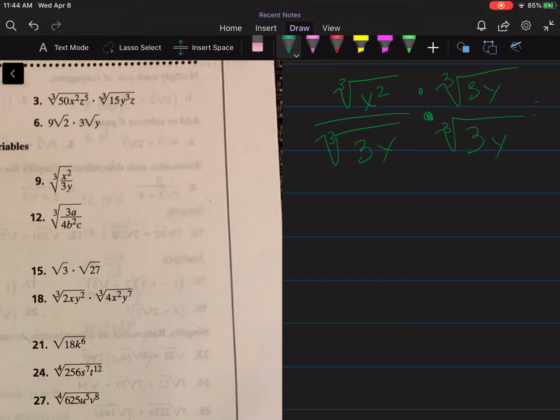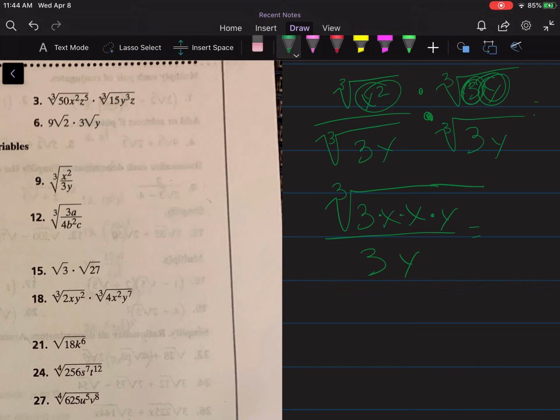What I'm going to get at the bottom is just 3y. At the top, I'm going to have the cube root of 3, it's this 3 right here. And then I'm going to deal with this x squared times x, and that y times y.